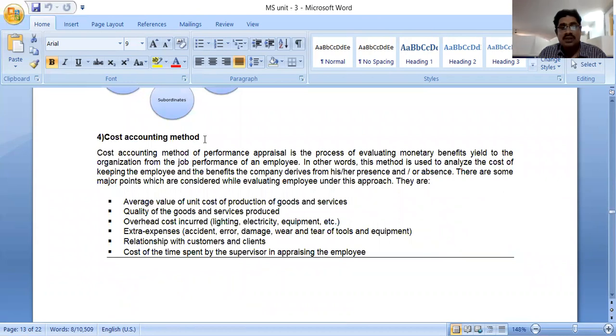Next, the cost accounting method. It is also known as human resource accounting. Here they maintain a separate account for a particular employee. Each and every employee has a particular account.